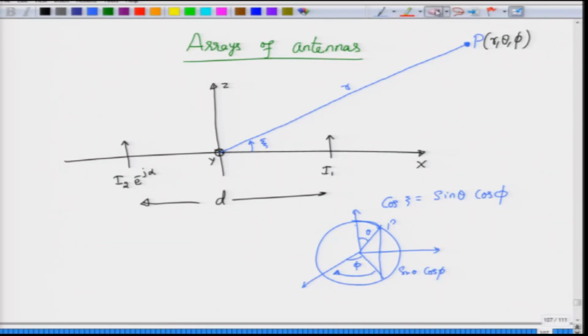All right. So, let us get back to the ideas here. I have this antenna up at this point.